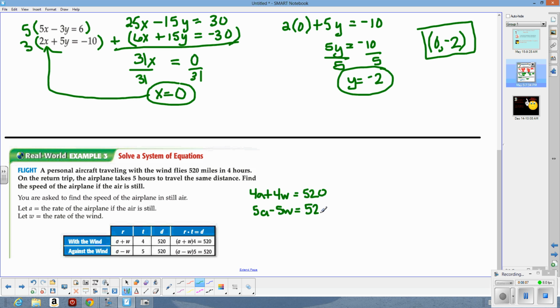Now, to be able to use elimination, I need to get opposite terms. Since these are already one positive, one negative, I'm going to multiply the top equation by 5 and the bottom equation by 4. And then I'll be able to eliminate the w's.